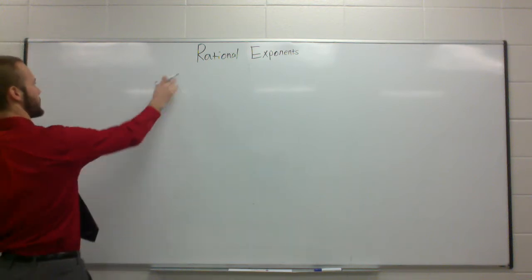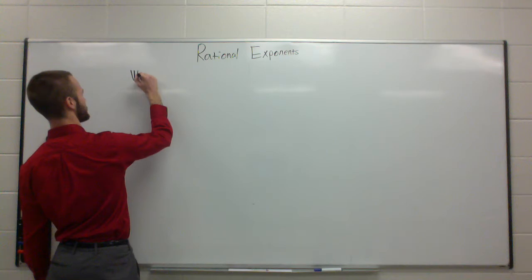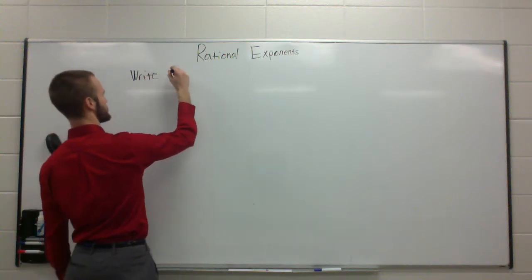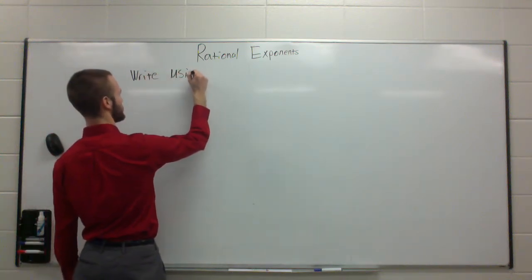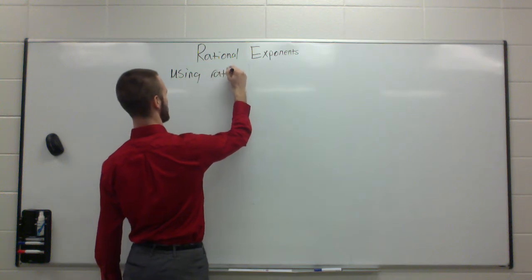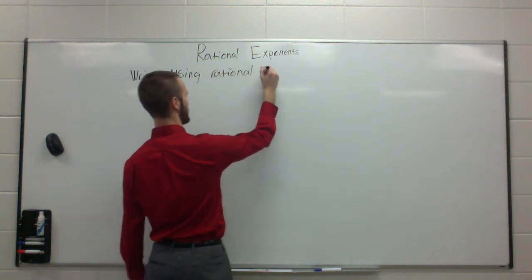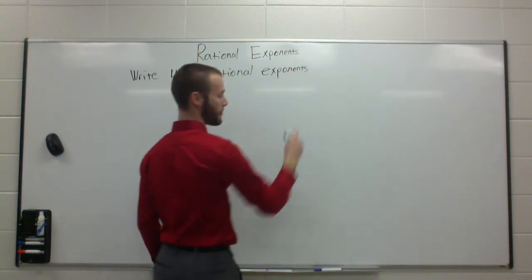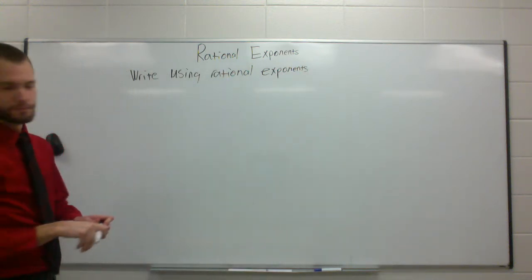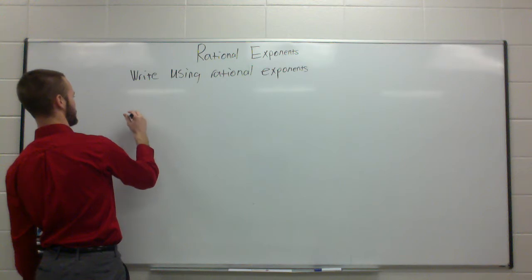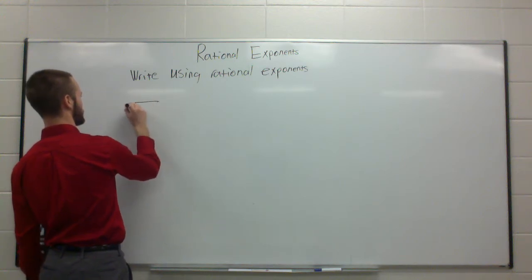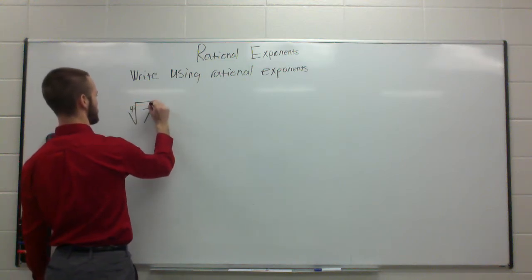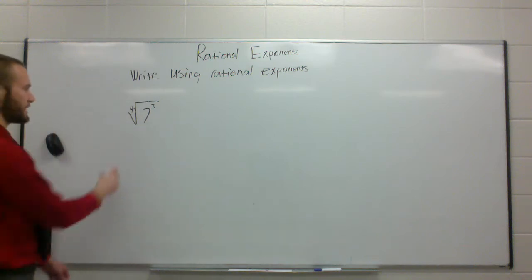So let's do a few practices. So let's write these using rational exponents. And we'll have a few radical expressions. So we have the fourth root of 7 to the third power. So the base stays the same.